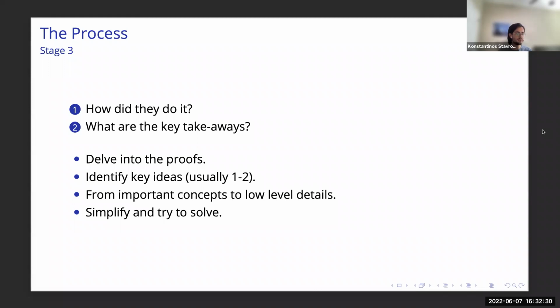And proofs have a tree structure, which is like there are one or two main ideas, which are the hardest to come up with. Most probably, if one has such an idea, then they will also publish a paper.